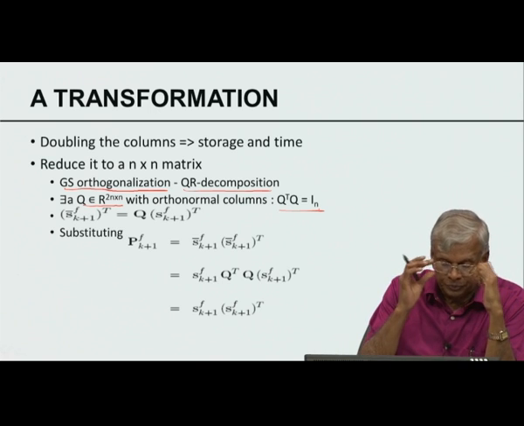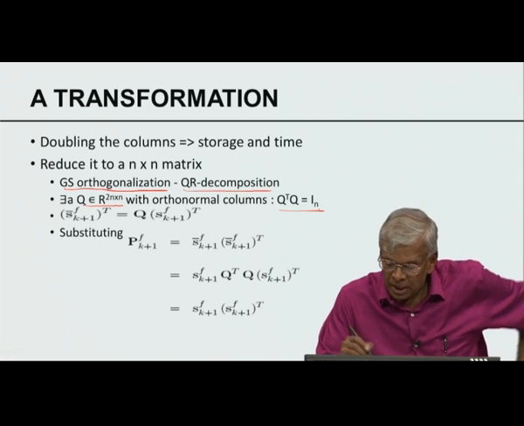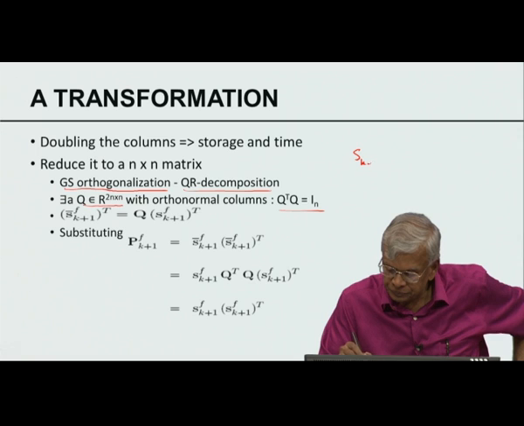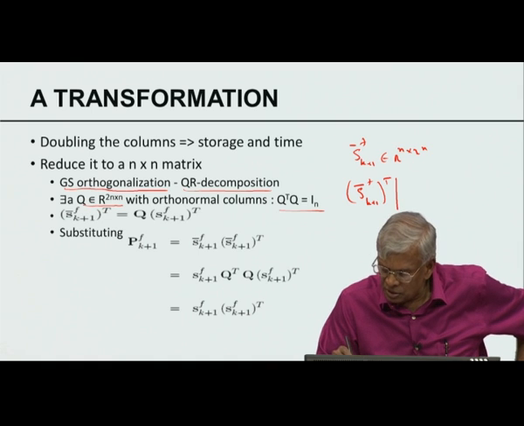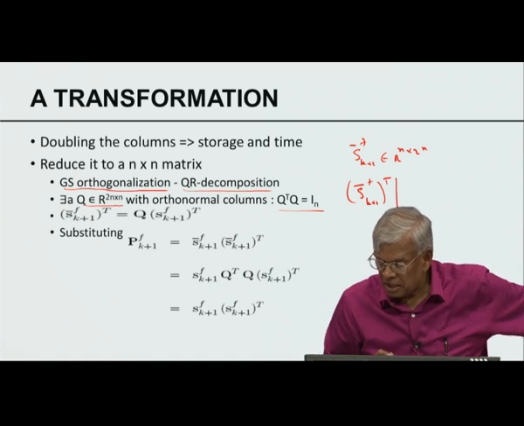Let us look at this now. S bar k plus 1 f belongs to R n by 2n. Therefore S bar k plus 1 f transpose is a 2n by n matrix.